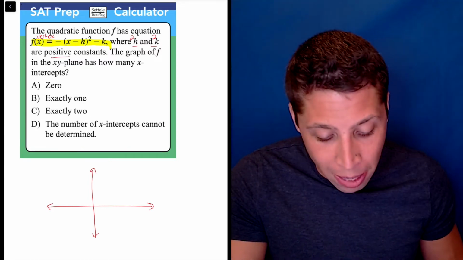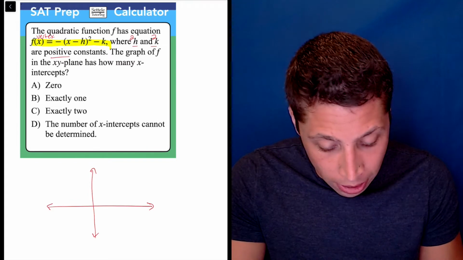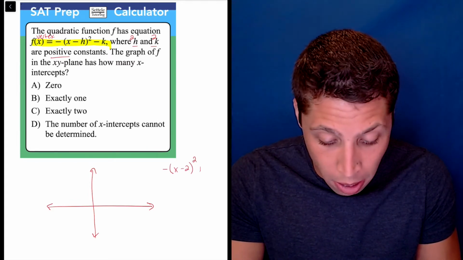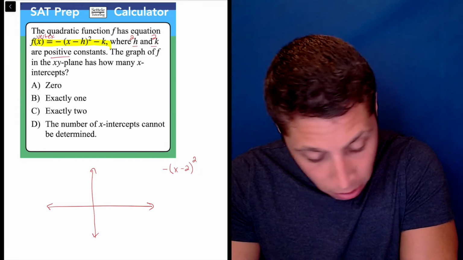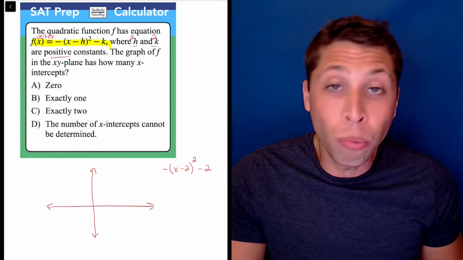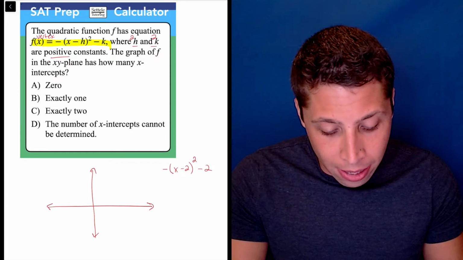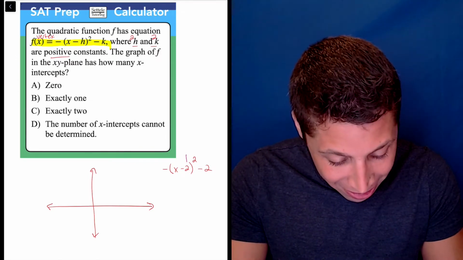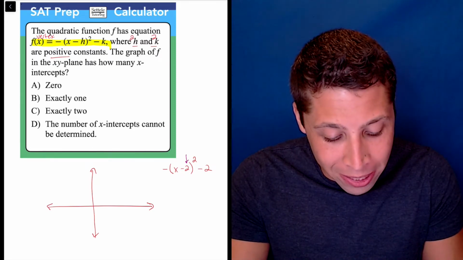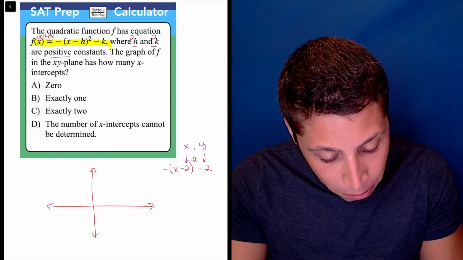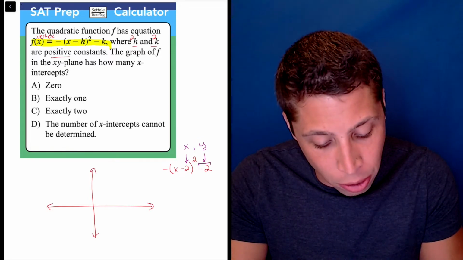So now I would rewrite my equation as negative (x minus 2) squared minus 2, okay? Now, if we know how to read the vertex equation, then this term here is going to be the x-coordinate of the vertex, and this term here, including the sign, is going to be the y.